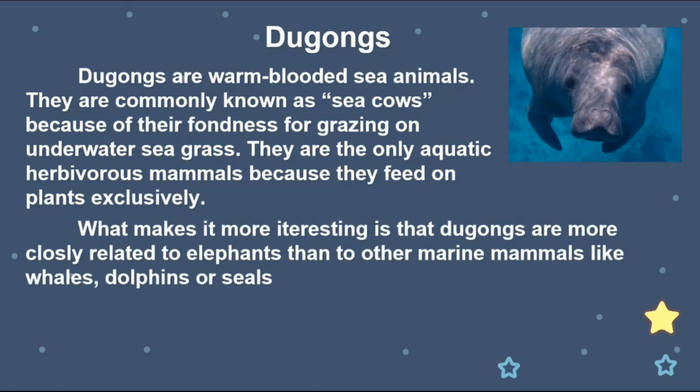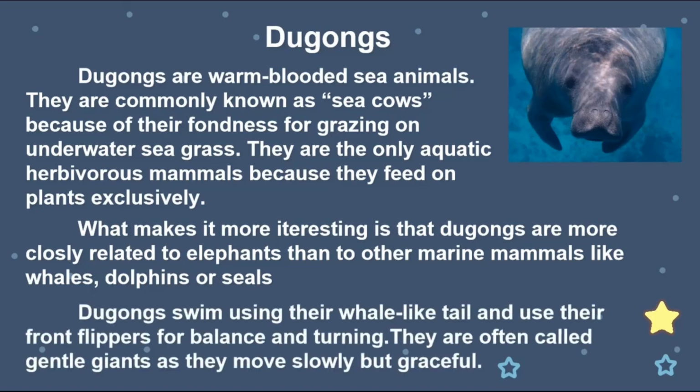What makes it more interesting is that dugongs are more closely related to elephants than to other marine mammals like whales, dolphins, or seals. Dugongs swim using their whale-like tail and use their front flippers for balance and turning. They are often called gentle giants as they move slowly but gracefully.